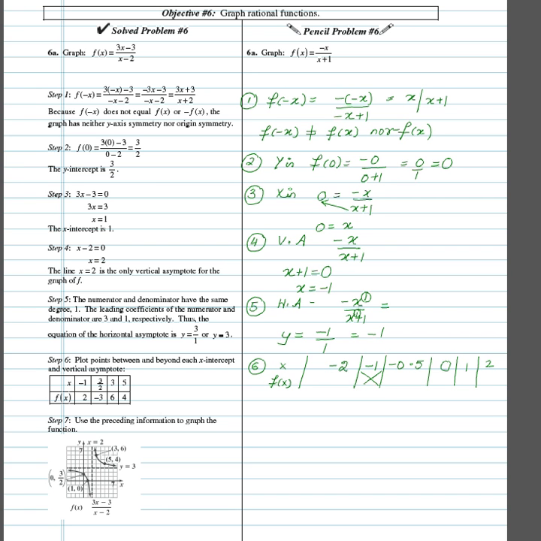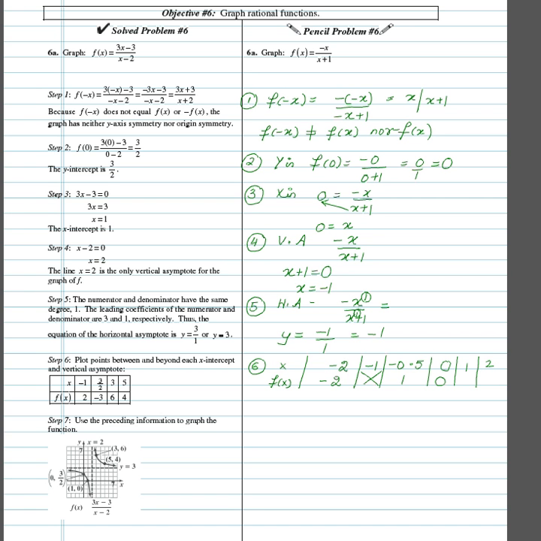When x is -2, my y value is -2. When x is -0.5, my y value is 1. When x is 0, my y value is 0.